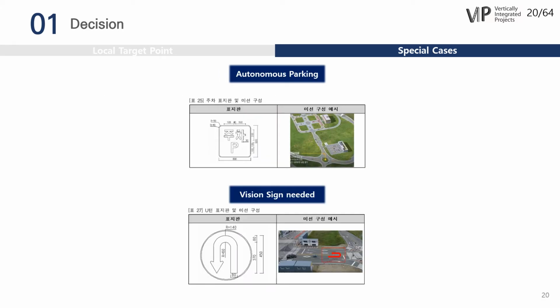This is an area that needs to be improved in the next semester. The vision team will improve it so that when a sign is recognized, it can be changed to each mission mode.